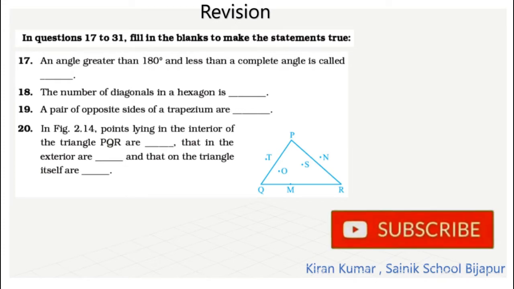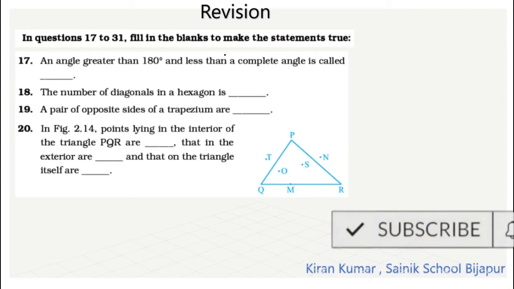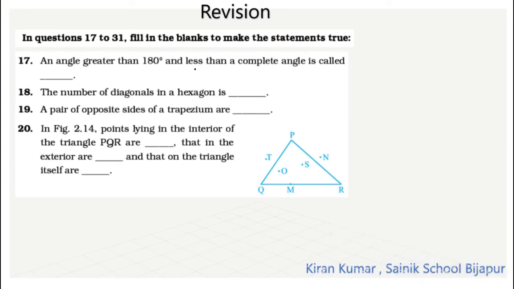We have learned different types of angles. There were types of angle: acute, obtuse, straight, right, reflex, complete, and zero angle. Here the angle is greater than 180 degree and less than complete angle.